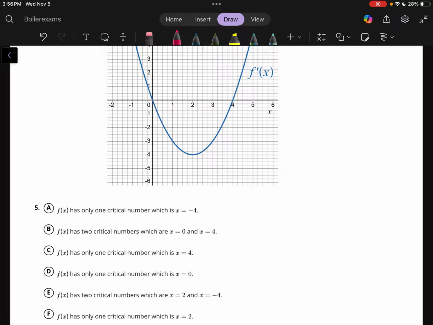First we have to understand what a critical number is. A critical number, or critical value or critical point, is any point where f prime of x is equal to 0 or undefined.